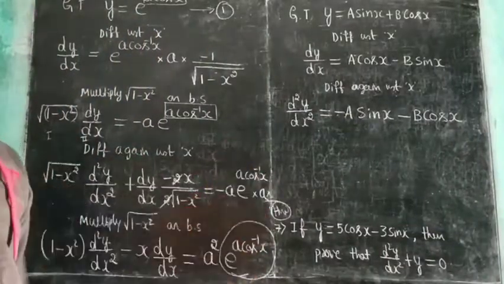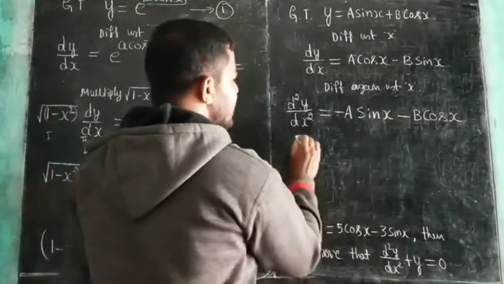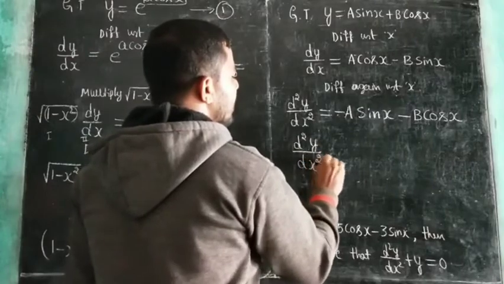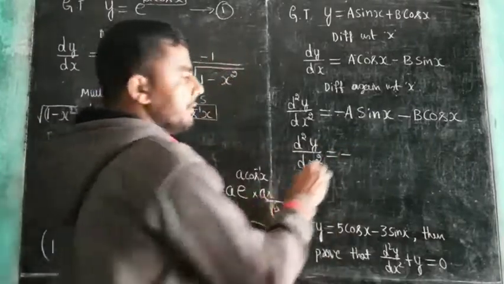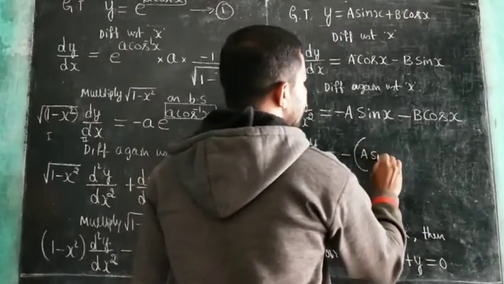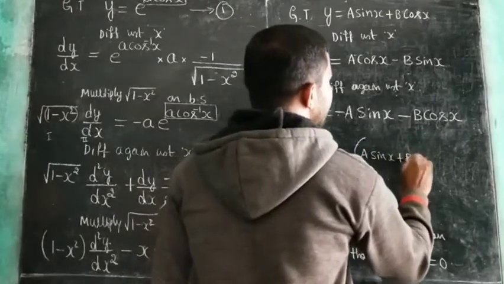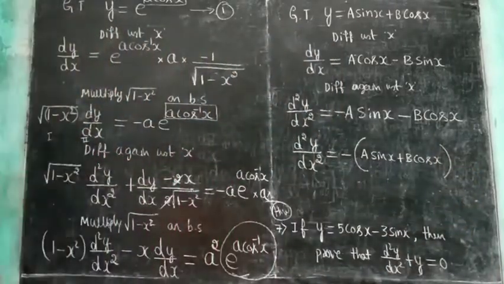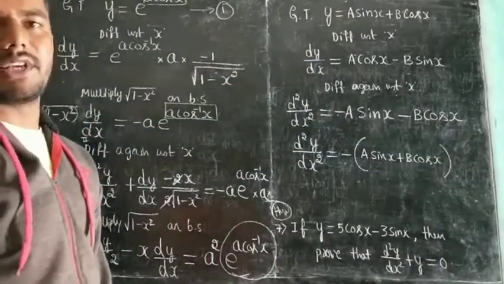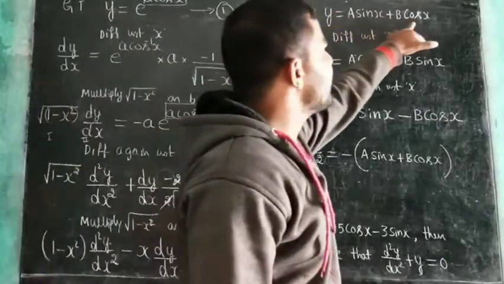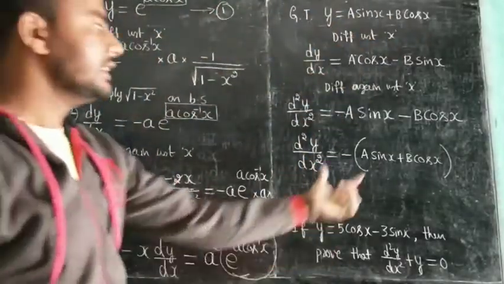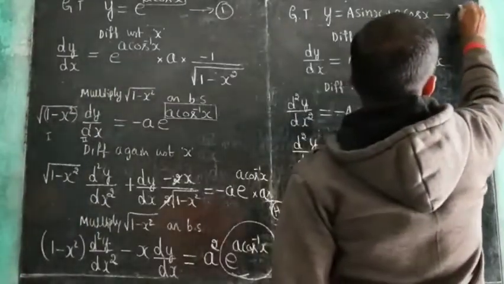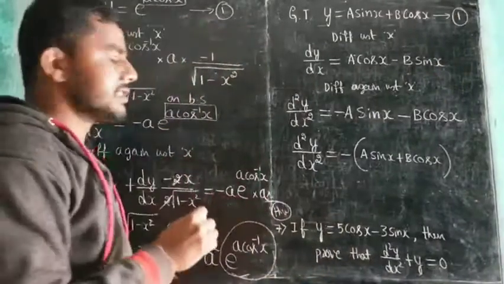In the next step, there is a minus on both sides, so take minus as common. d square y divided by dx square is equal to minus, the remaining is a sin x plus b cos x. Observe the given equation: a sin x plus b cos x is equal to y. Here also a sin x plus b cos x, called equation number 1.